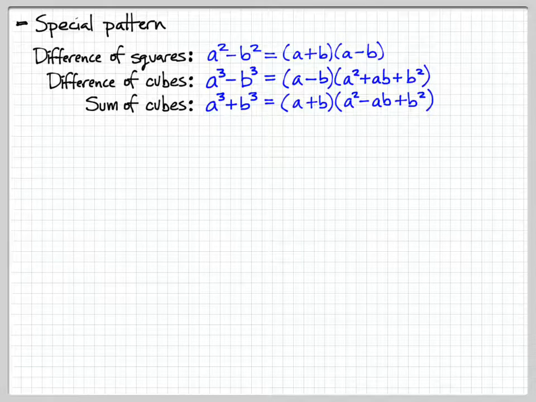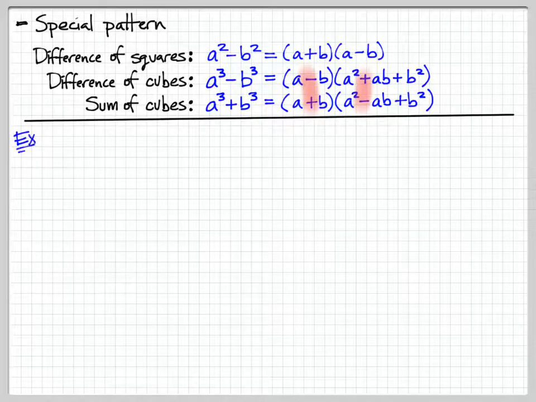The only difference being this term right here and this operator right there. Now, unlike difference of squares, where there's no such thing as sum of squares, we do have both the difference of cubes and the sum of cubes as a special factorable pattern.